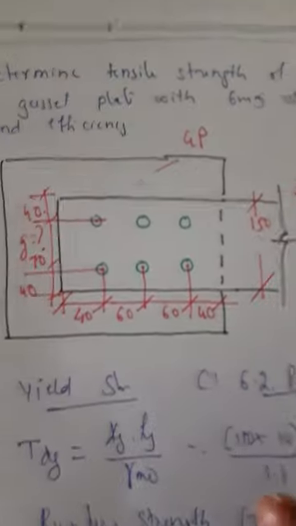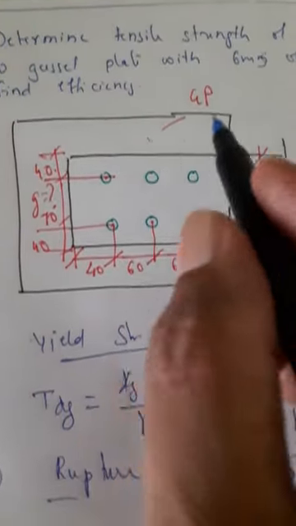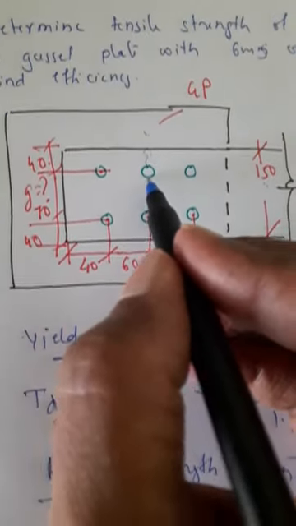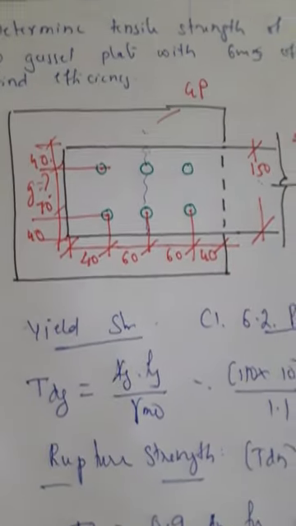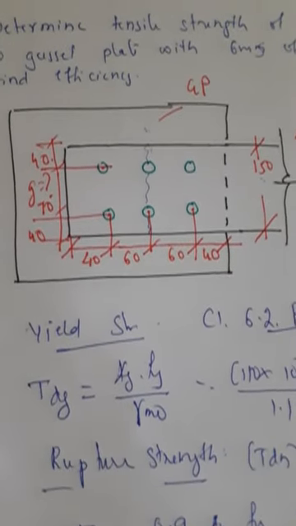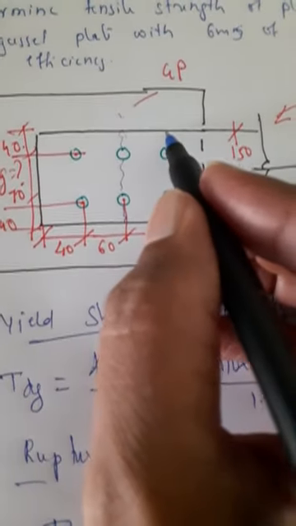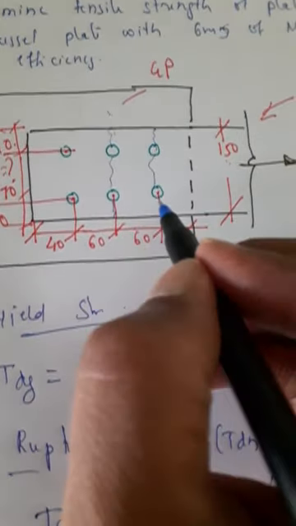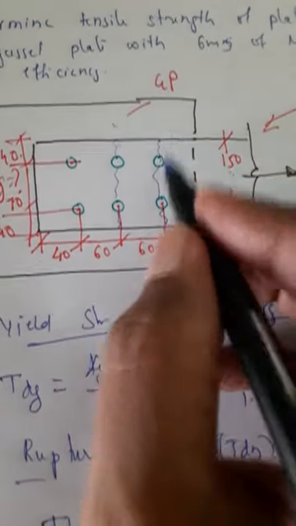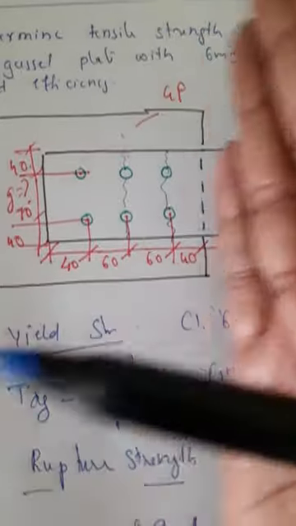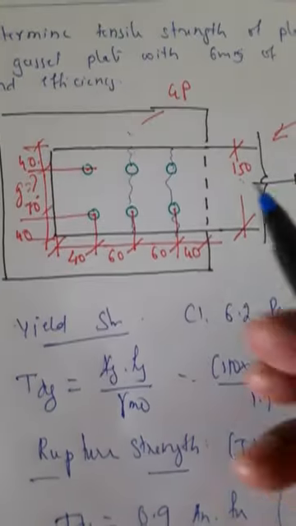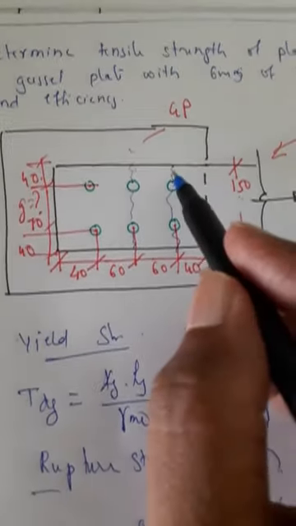So basically net area we need to find at any one section. If this plate tears along this section, this member will come out and only this much remains. So this joint fails.